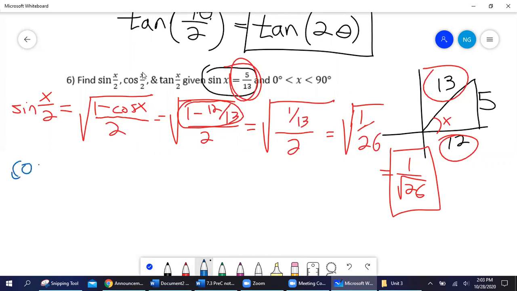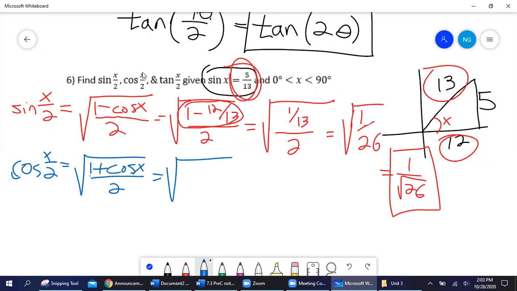Cosine, almost an identical half-angle formula, except that it's 1 plus cosine x all over 2. So it's going to follow very similar, except that it's 1 plus 12/13 all over 2. Well, that's going to give me 25 over 13 all over 2.